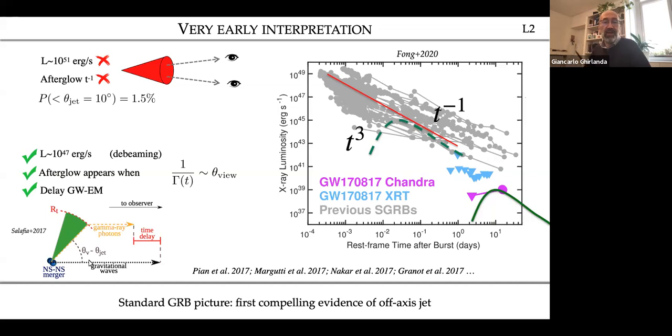The gravitational waves are traveling in this direction towards the observer, whereas if the jet is misaligned with respect to the line of sight, and you think about its dynamical evolution up to the transparency radius that we worked out yesterday, this is where it releases its radiation, and therefore there is a delay, which is basically this distance divided by c, between the detection of the gravitational wave and the gamma ray. And with some computation, it was demonstrated that this could be consistent with the observed 1.7 second delay.